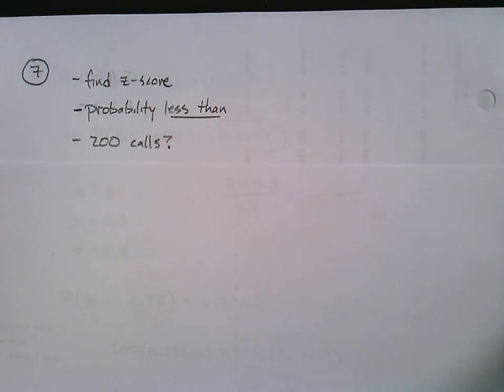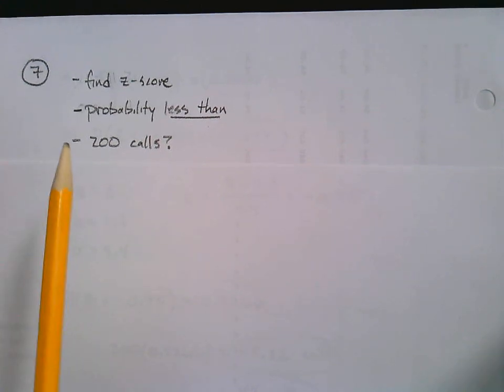Number 7 is about the San Diego Police Department and the average length of time that they can respond to a 911 call, and they give the standard deviations. There's an interesting twist to this problem. They mention at the end if 200 calls are randomly selected.